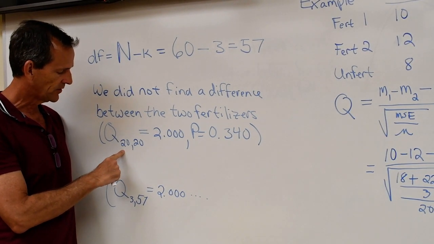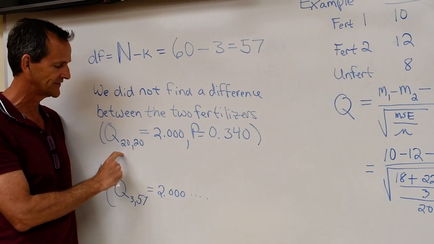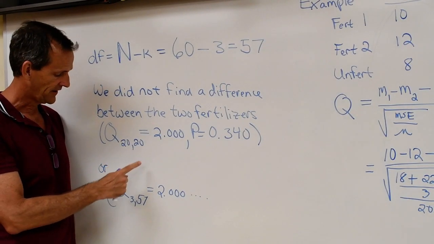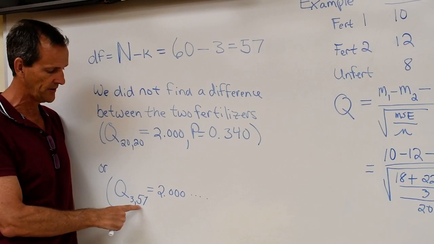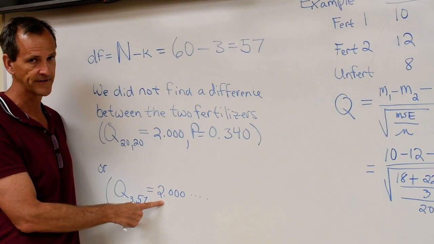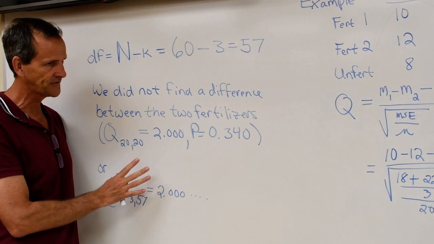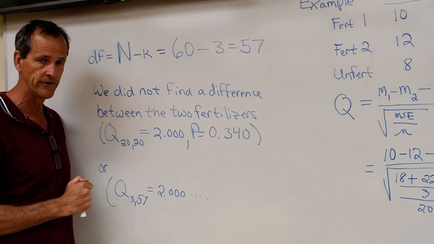Some people like to put the 2 samples, like the 2 sample sizes, so 20, 20. On the other hand, some people prefer to put the number of groups and the degrees of freedom used in calculating this statistic. I don't really have a preference of which one of these you use.